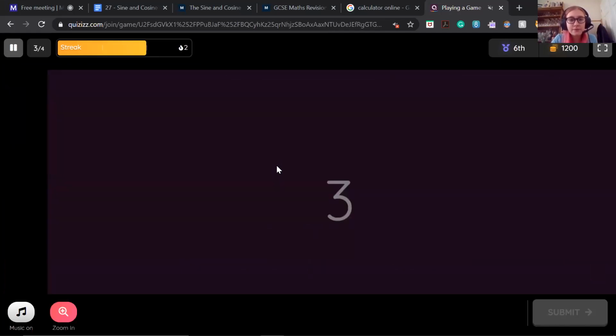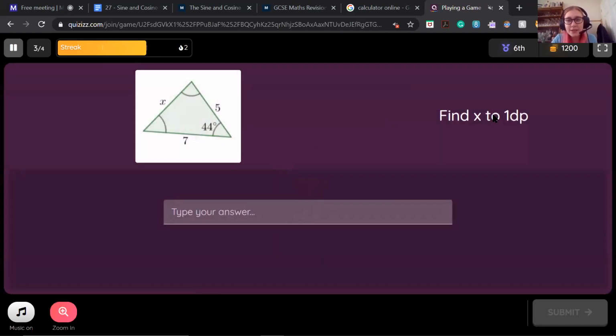And then this one here. Here's one for you to have a go at yourself, and we want to find x to 1 decimal place. This is one where I haven't actually told you which rule you're using. I'll give it a minute for people to do it. Maybe message in the chat once you've done the quiz, and I'll go through this question.